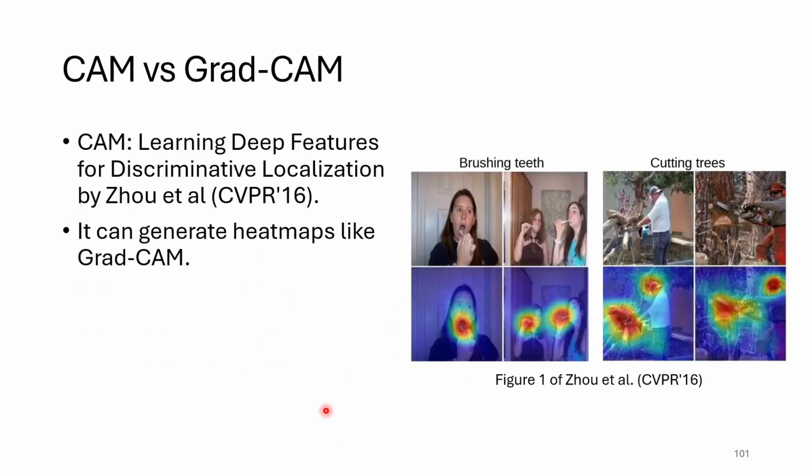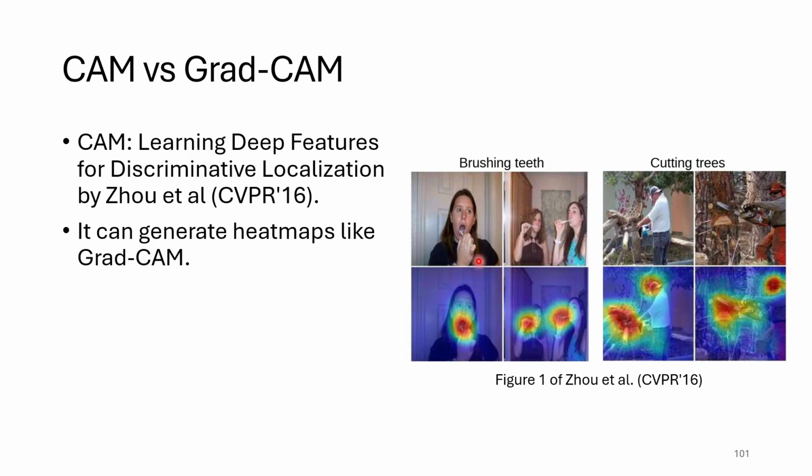So let's explain. Before Grad-CAM, there is an existing method just called CAM. It also is used to show the highlight region of the image. So these two figures are cropped from the paper of CAM.